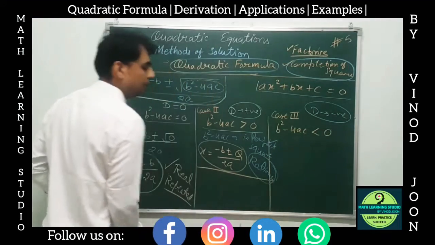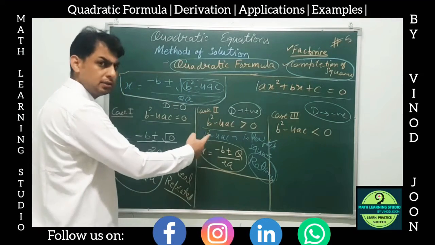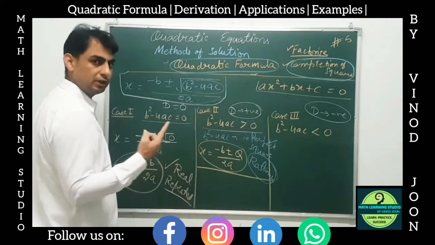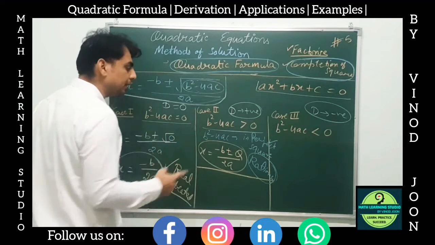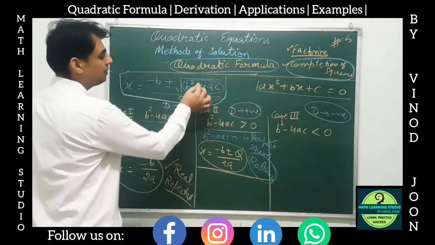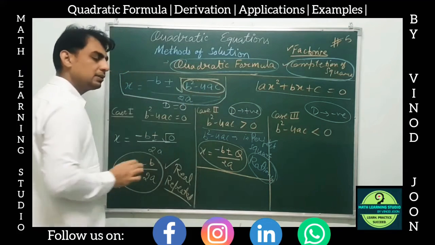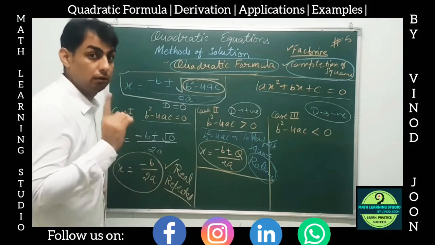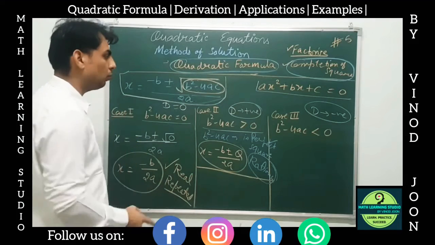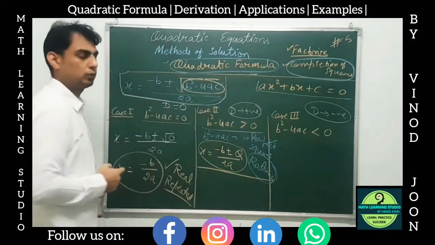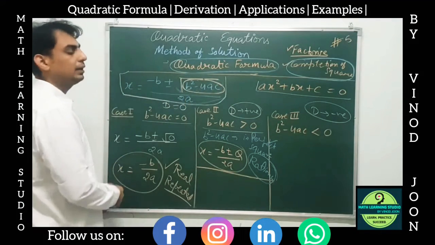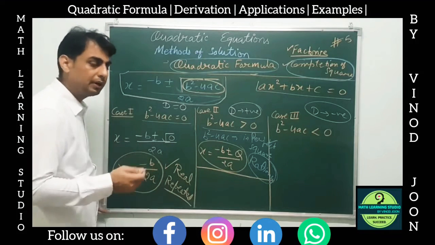और दूसरा कंडीशन क्या हो सकता है? D is greater than 0, means b square minus 4ac is greater than 0, but it is not a perfect square. अब जब ये वैल्यू perfect square नहीं होगी तो what will happen? We will not be able to get the square root of that number as a rational number. तो उसमें क्या होगा? This number will remain in the root form. Root form means we will get an irrational number as the value.